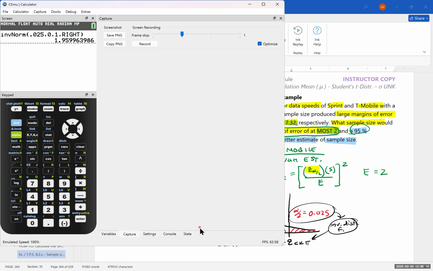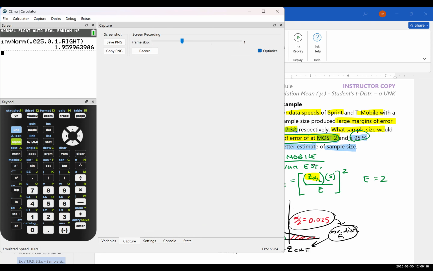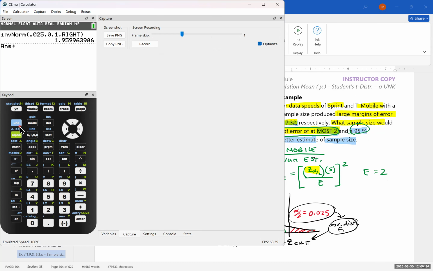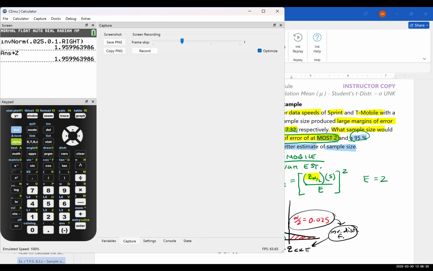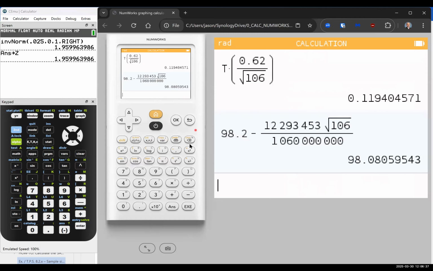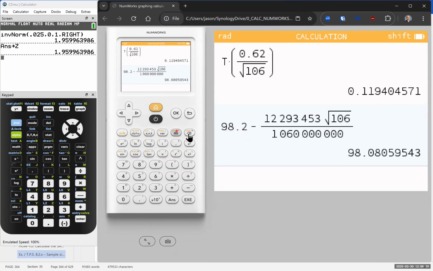Okay. So 1.959. And I'm going to go ahead and store that into variable z. So I'm going to hit alpha 2. There we go.